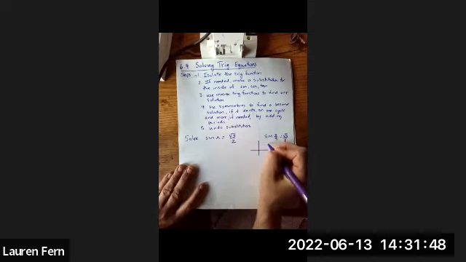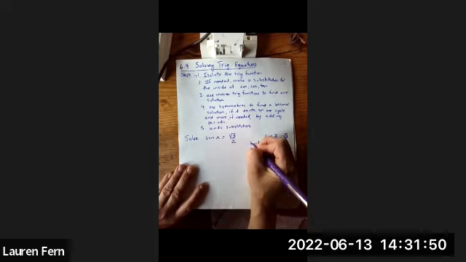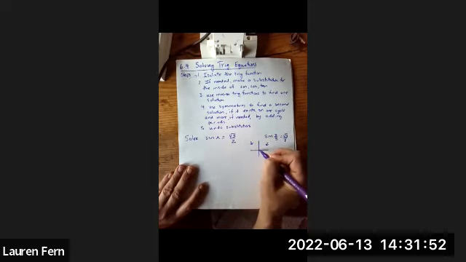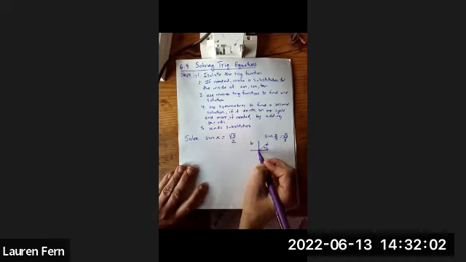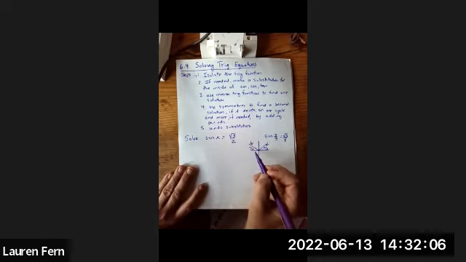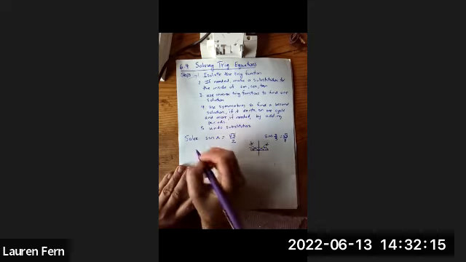Recall that my sine is positive in my first and my second quadrants. So not only do I have a first quadrant solution of pi/3, but I also have a second quadrant solution where my reference angle is pi/3. What will this angle be? Well, pi minus my reference angle pi/3 is 2 pi/3.